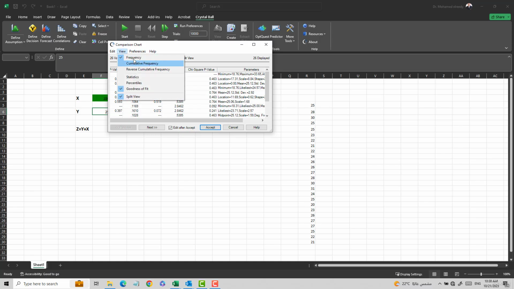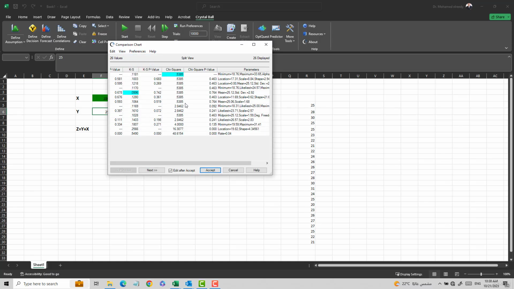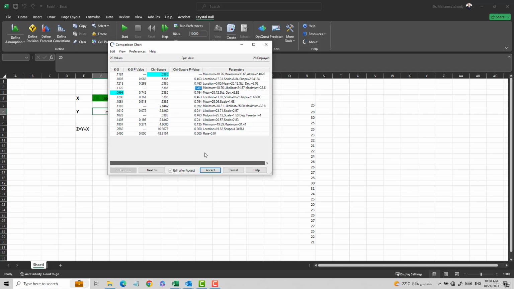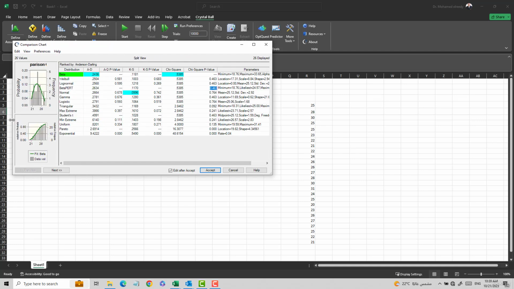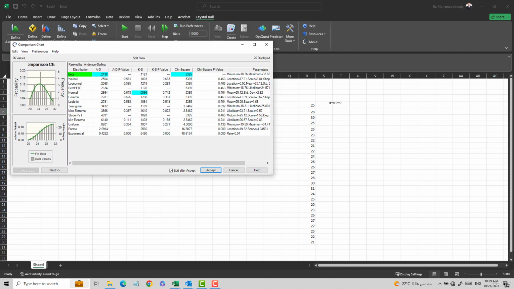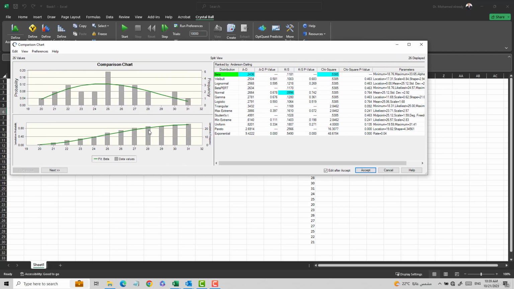View cumulative frequency. Here is the cumulative, here is the probability.